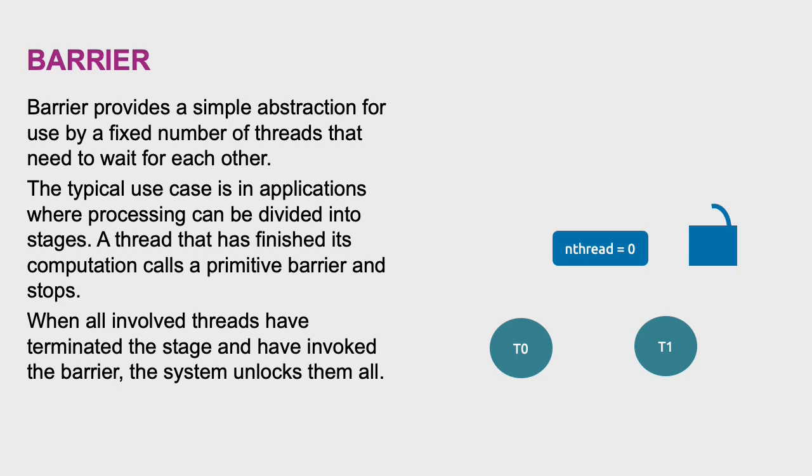When the second thread arrives at the barrier, we are finally able to be released, and thread T0, which has been blocked, is finally released and moved to a runnable state.